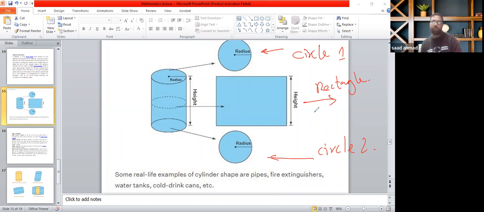What you need to do is roll this sheet, and this side and this side, you need to glue them together. You need to identify them, like you make them the same.